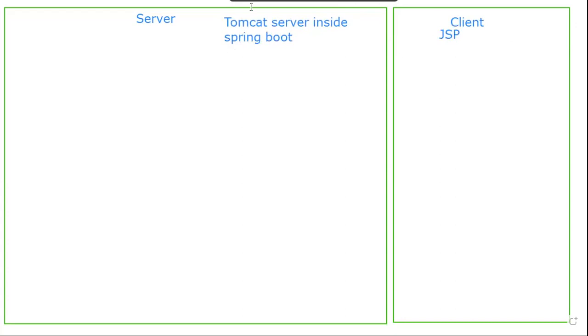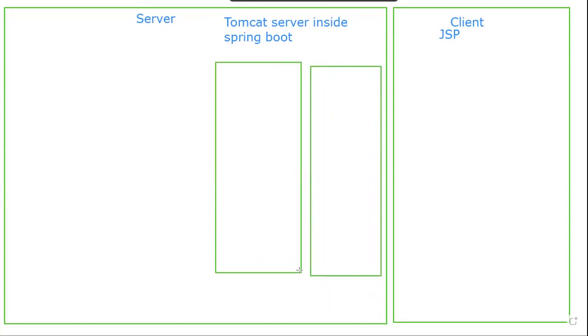Okay, and so inside the Spring Boot, we are having the first layer, which is the controller layer. The second layer, which is the service layer, and the third layer, which is the DAO layer.